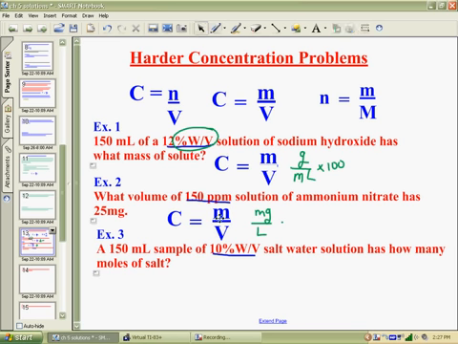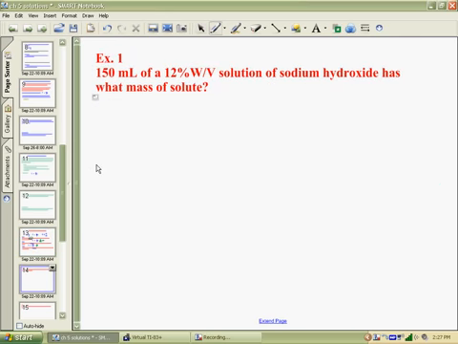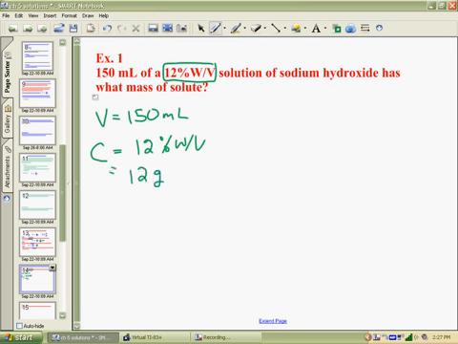So we'll take a look at example 1. We have a 150 mL solution. 150 mL is our volume. This concentration, 12% weight to volume, is equivalent to 12 grams per 100 mL, which, when you divide it, is 0.12 grams per milliliter. Now, what is the question asking for?